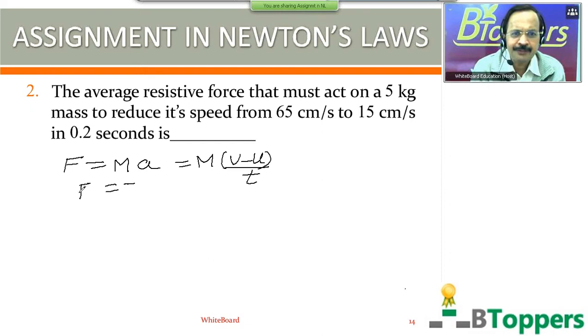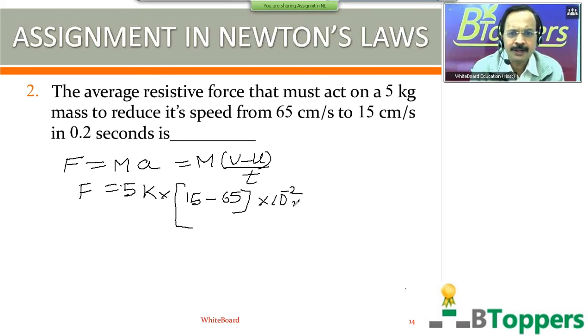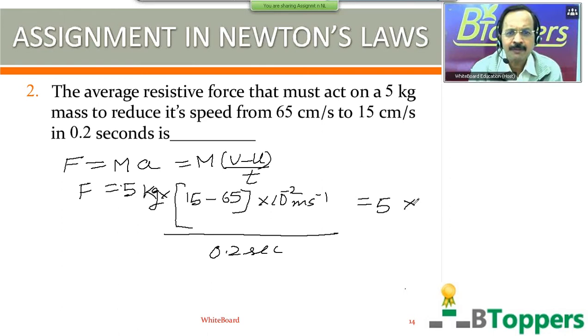The mass m is given to be 5 kg. The final velocity v is 15 centimeter per second or 15 into 10 power minus 2 meter per second. Initial velocity u is 65 centimeter per second or 65 into 10 power minus 2 meter per second. Divided by the time interval, which is 0.2 seconds. The mass m is 5 kg. All units we have expressed in SI units, so the answer also will be in the SI system.